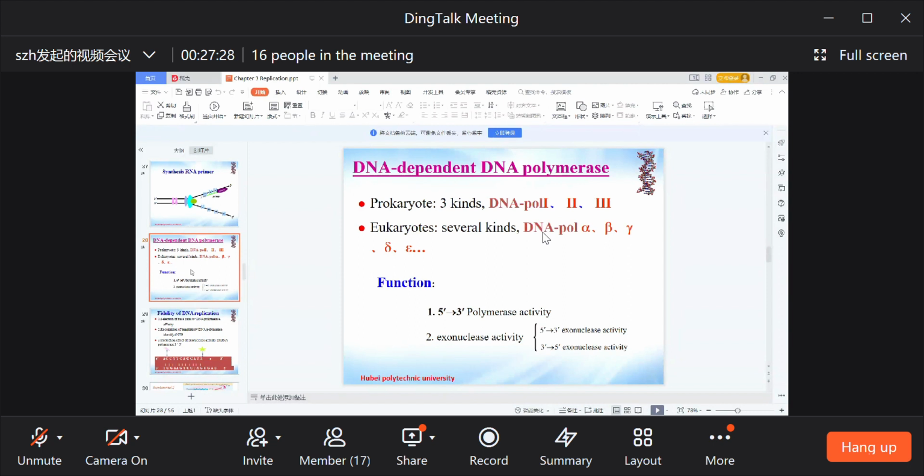And in eukaryotic organisms you can find there are several kinds of DNA polymerase: alpha, beta, gamma, delta, and epsilon. And for the polymerases, besides the polymerase activity of elongating the DNA sequence, another function is very important: exonuclease.